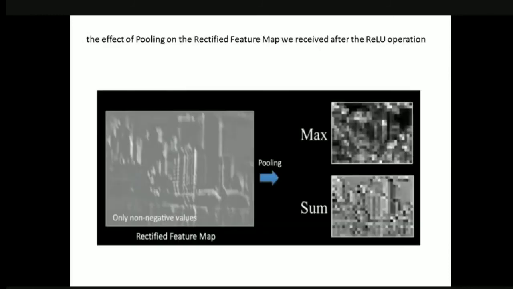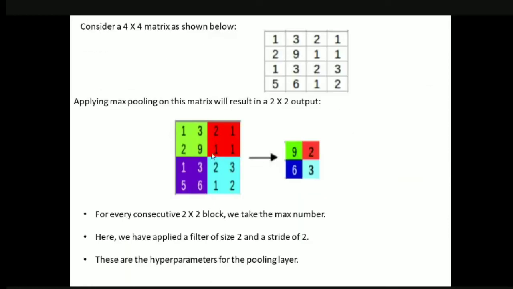If you see, when we convert an image and we obtain a rectified feature map after applying convolution plus ReLU, this is our output on the left side. Now, when we have applied pooling, I told you that there are different types of pooling, right? This is an example. The right side one is an example. The top one is an example of max pooling, and the bottom one is an example of sum pooling. So this is the difference between max pooling and sum pooling. Sum pooling is nothing but, if you see here, these are the values.